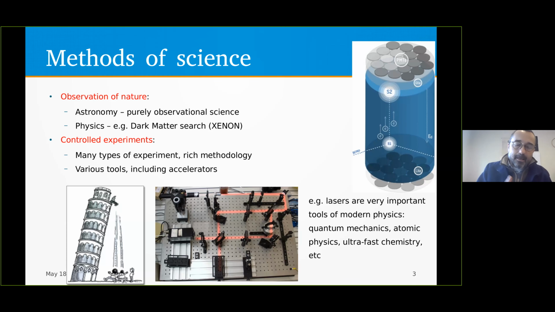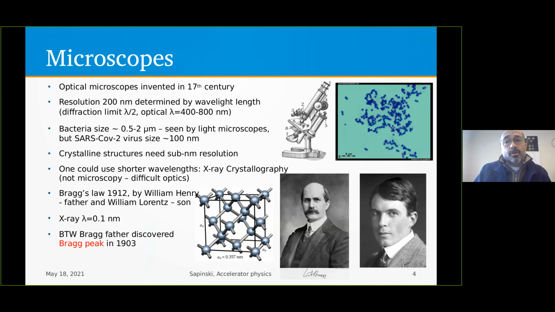Sometimes it's the main tool in the experiment, sometimes it's kind of secondary additional tool, but it's nevertheless used in experiments. The other tool like that are accelerators. They are also extremely important. It's not the only tool we have, but it's very, very important, and I will try to show you this in a few slides. There is also another tool, which are microscopes.